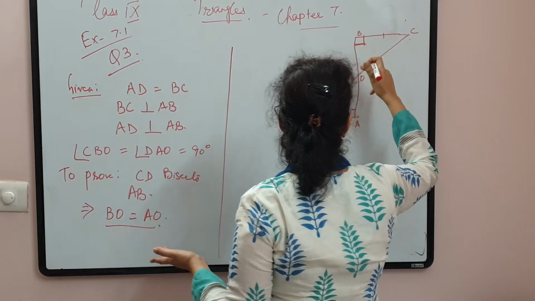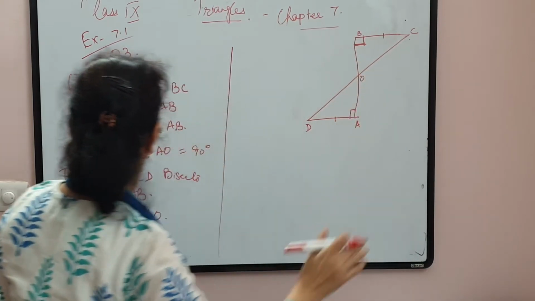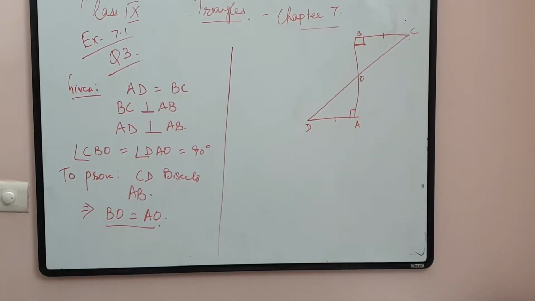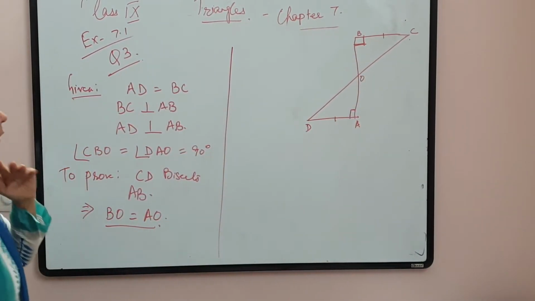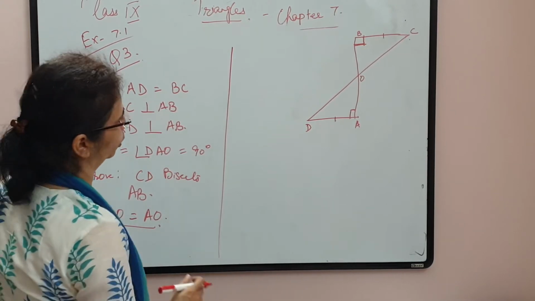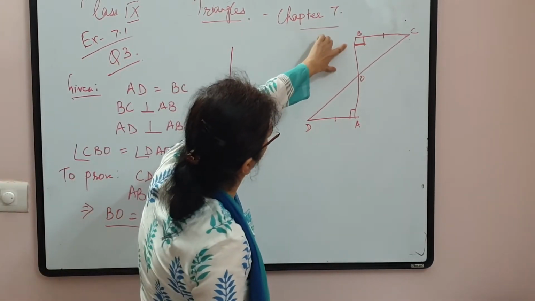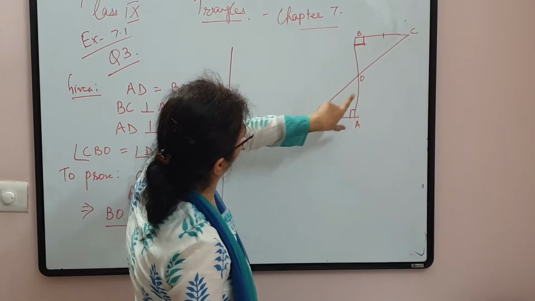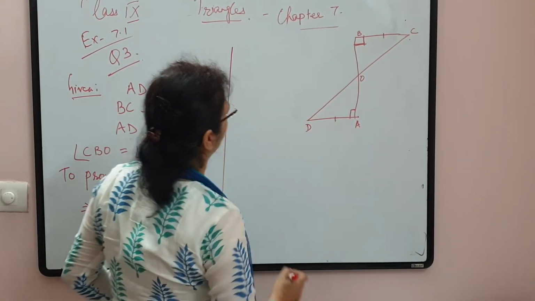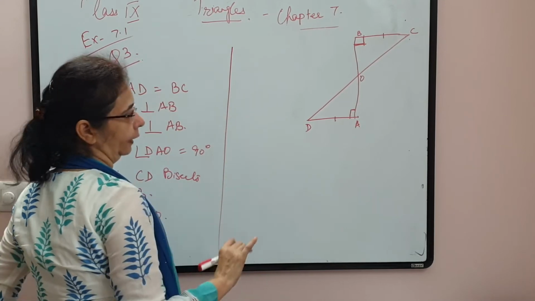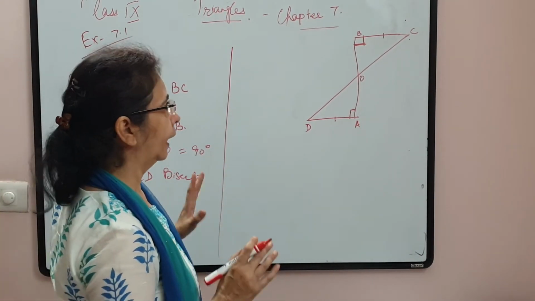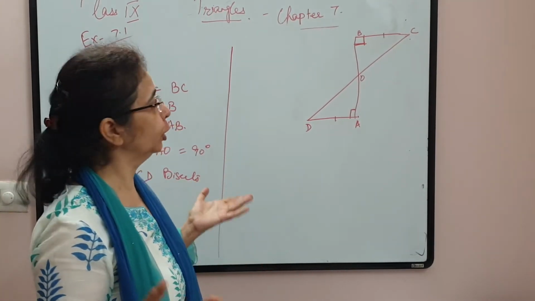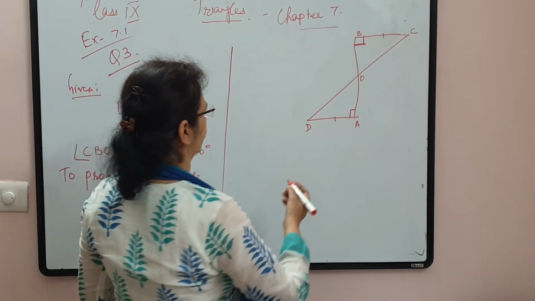This you have to prove. Okay, children? Now you have to consider these two triangles, CBO and DAO. You have to check whether these two triangles are congruent. Let us check.